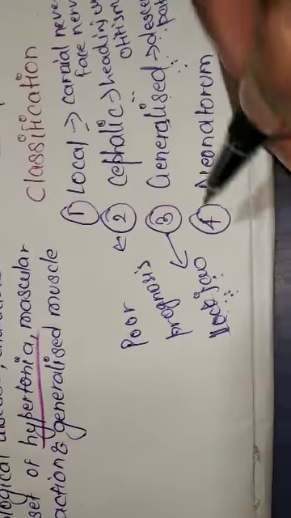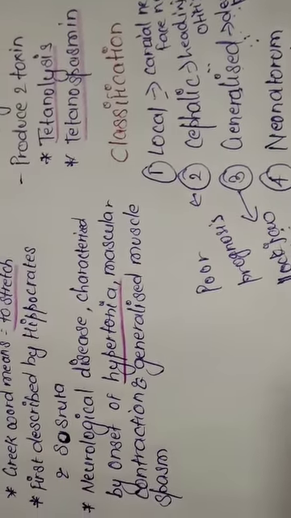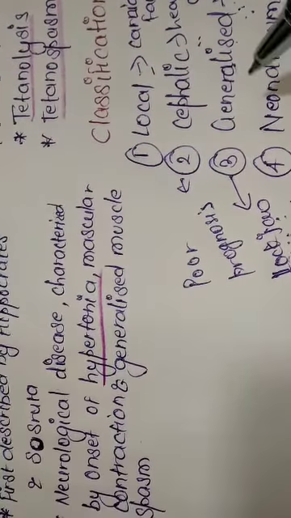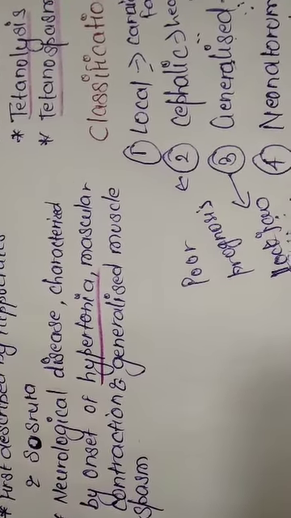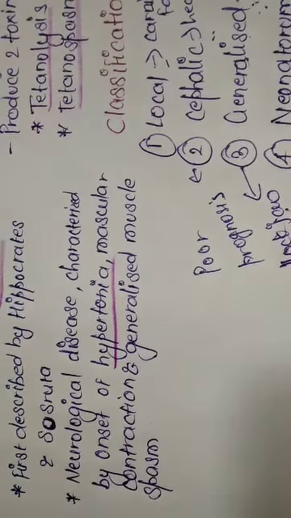Masseter muscles are facial muscles, and it is followed by stiffness of the neck, difficulty in swallowing, and rigidity of abdominal muscles.